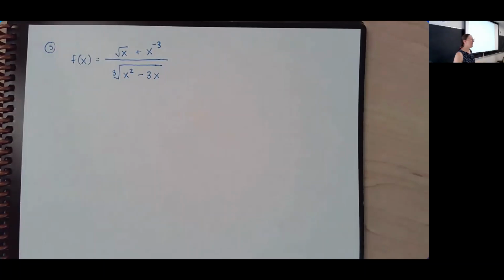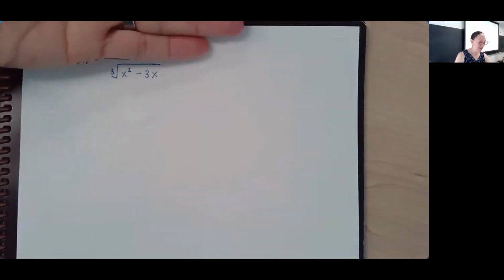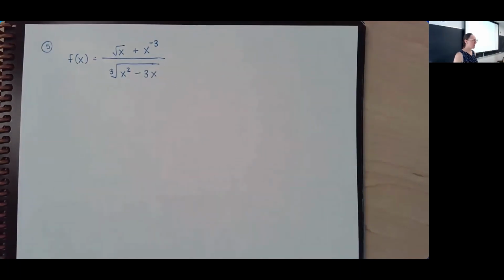Totally fine. The first thing that I'm going to do with this problem, and I would do this even if it were just that numerator or just that denominator, my first step would still be to write all of the radicals that are happening in the problem as fraction exponents. Because if I can have a number times some stuff raised to a power, it's always going to be a friendlier derivative for us.